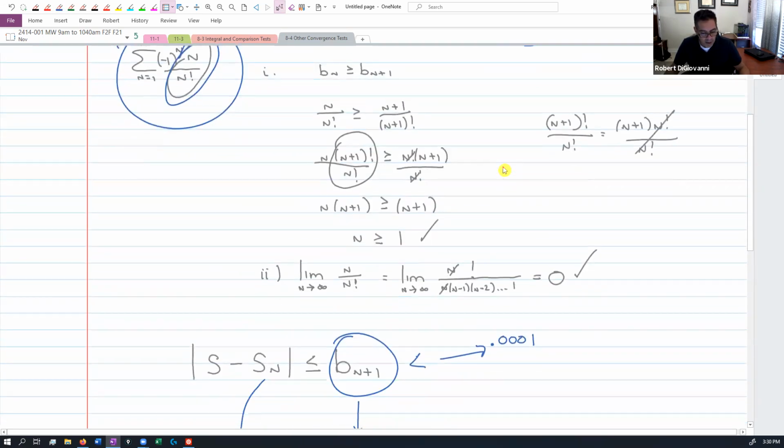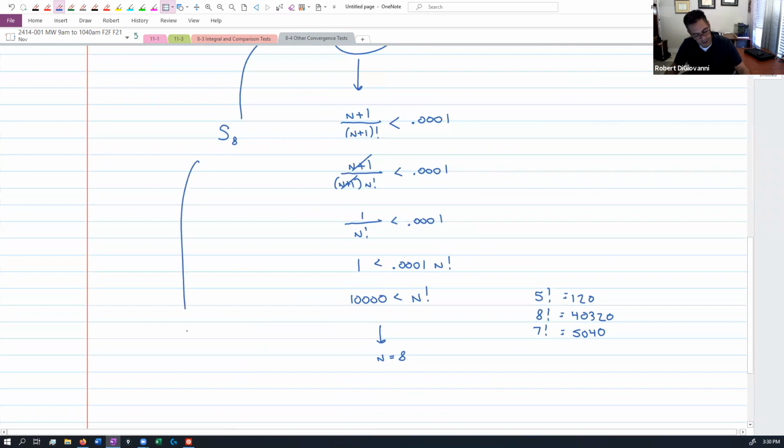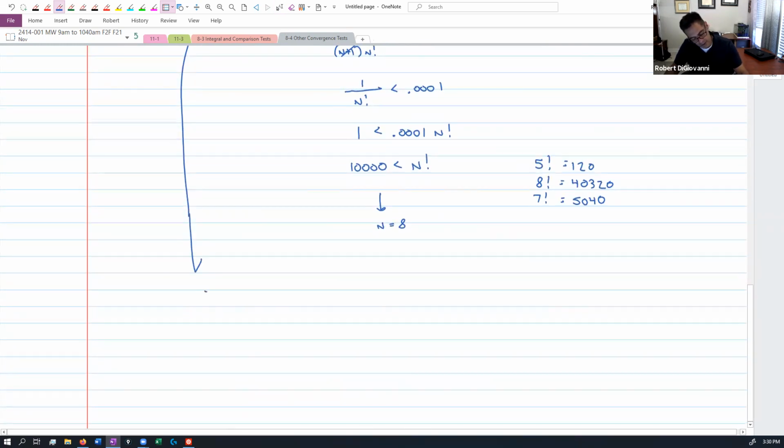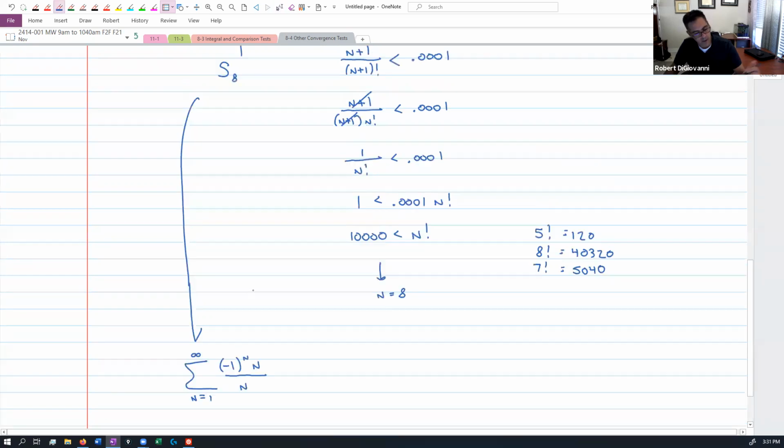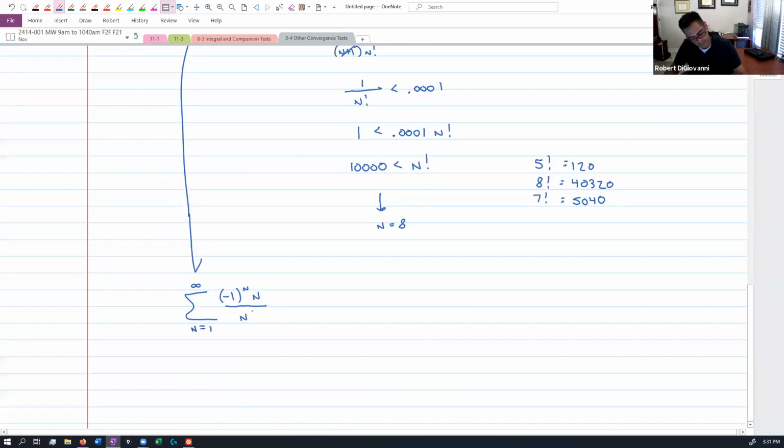So what I'm going to do now is write down what that is. If we take the sum n equals 1 to 8 of the original series, which was -1 to the n times n over n factorial, we want to stop at 8. Then that should be within 3 decimal places of the true sum.